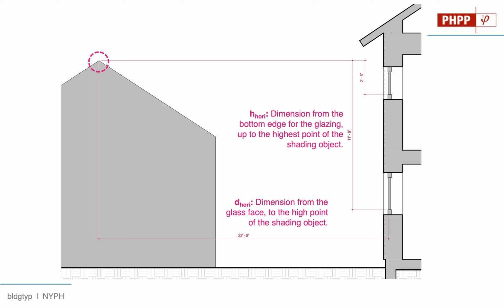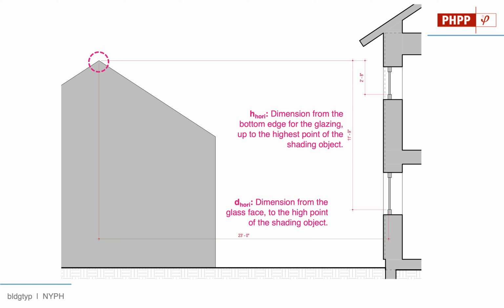The two data points that we need to enter for horizon shading objects for every window are the dimension away, measuring from the pane of glass out to the shading object, and then the dimension above, measuring from the bottom of the glazing up to the highest point on that shading object. So we describe something of a triangle there.